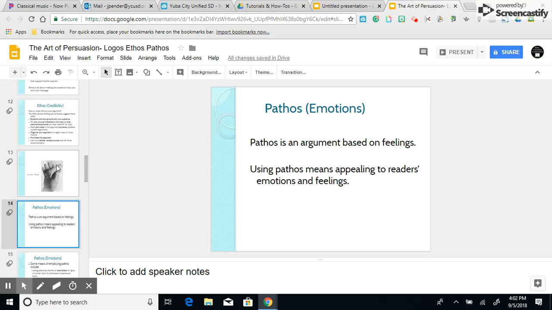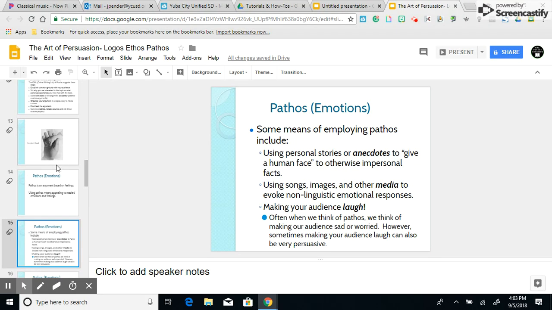The third type of rhetoric is called pathos, and it's an appeal to someone's emotions or feelings. Some means of using pathos might include personal stories, sometimes called anecdotes, to give a human face to otherwise impersonal facts, using songs or images or other media to evoke non-linguistic emotional responses.